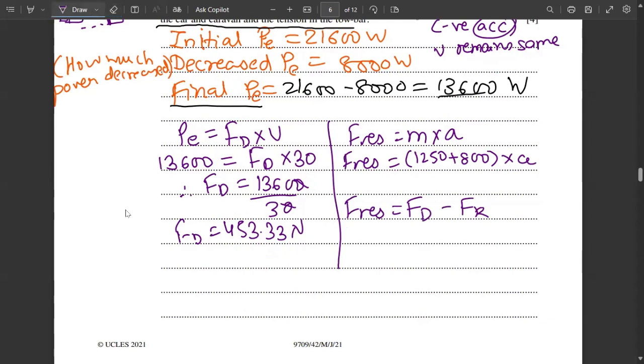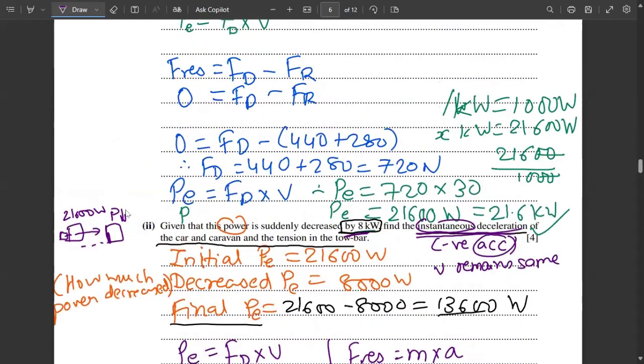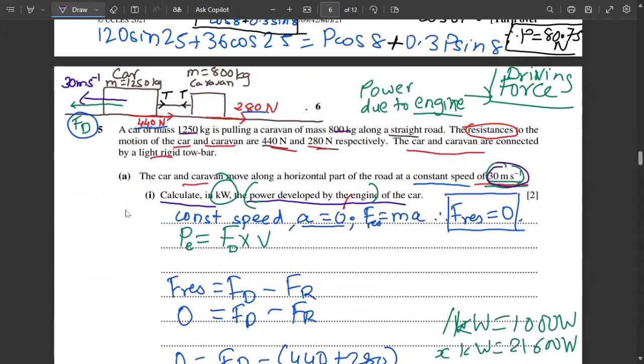Oh, my bad, F resultant we have to find out. FD is 453.33. And FR will be 440 plus 280.